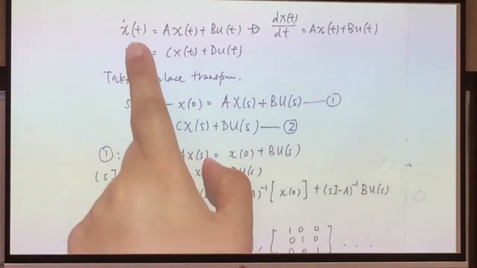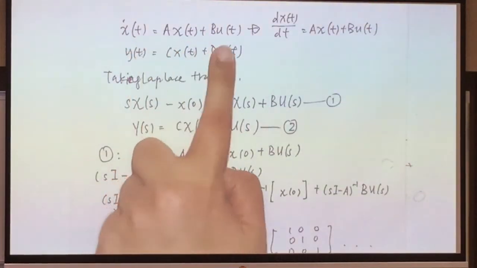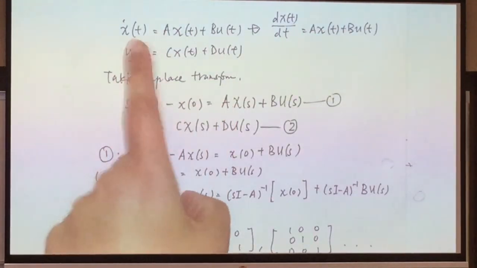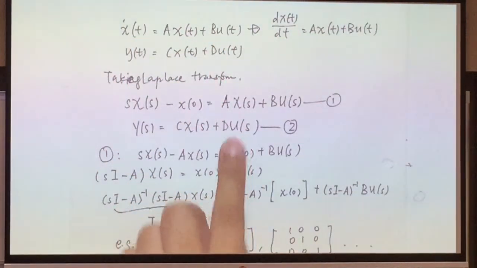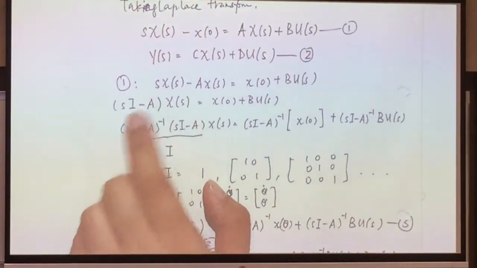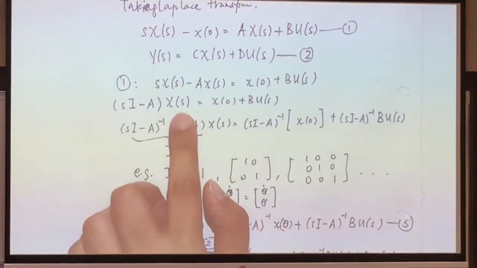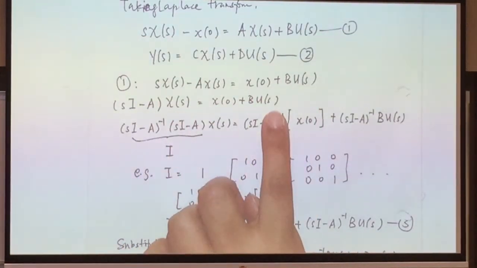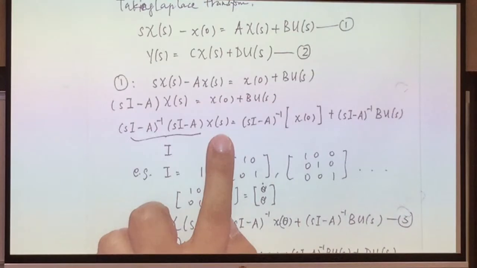Okay, if you have a differential equation, x dot equals Ax plus Bu, and y equals Cx plus Du, you can take the Laplace transform of the left hand side and right hand side. That's what I get. Okay, collect the terms of X(s) on the left hand side, and have (sI minus A) X(s) equals this on the right hand side. Okay? And you want just X(s) on the left hand side. So what do you do?